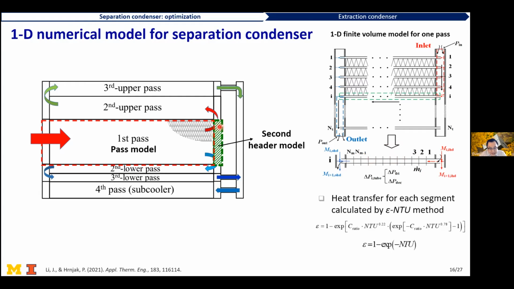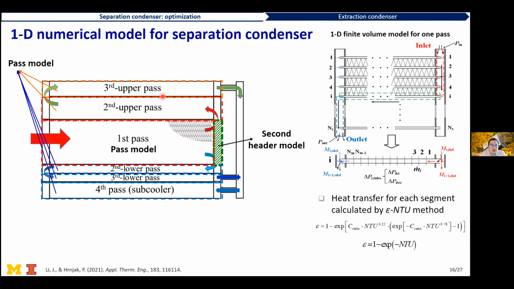And my second header model sits here: from the input from the first pass, the second header model will generate the inlet flow rate and quality to the second upper pass and the second lower pass.